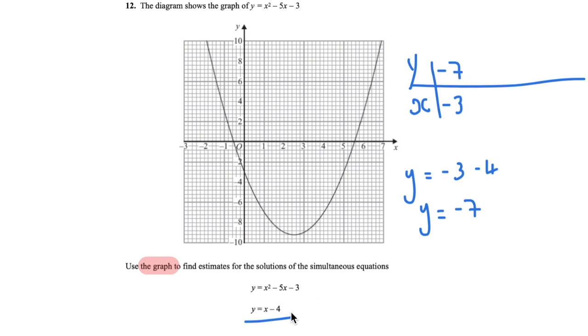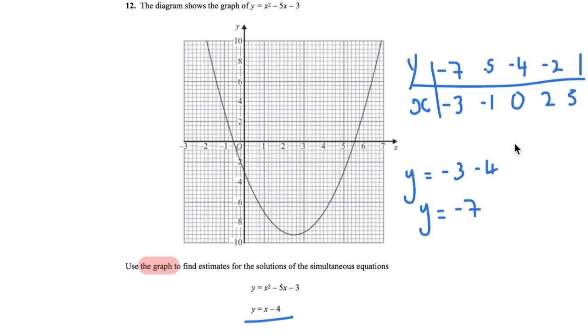And then if x equals, say, -1, y would equal -5. If x equals 0, y would equal -4. If x equals 2, y would equal -2. If x equals 5, y would equal 1. So we've got a few coordinates there.